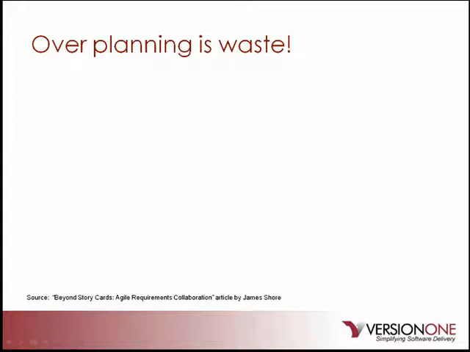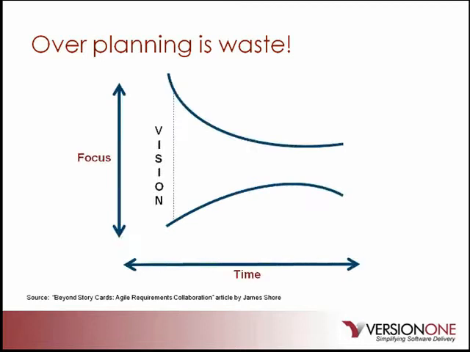So first off, let's look at the overall timeline of features on a 3-month release and how much detail is captured for requirements at each interval. James Shore described it like this. At the start of the project, the overall vision is defined and epics or very large features are created.